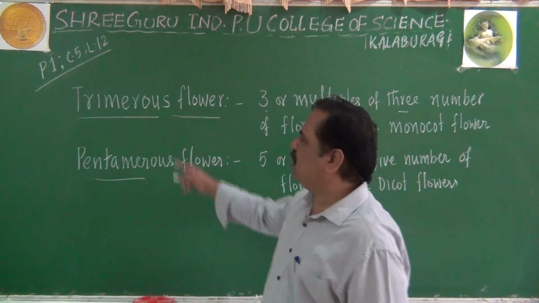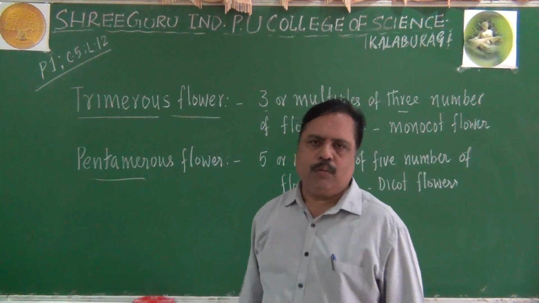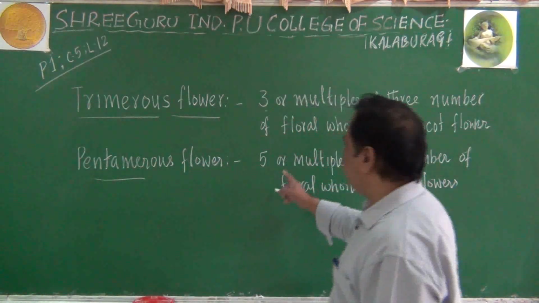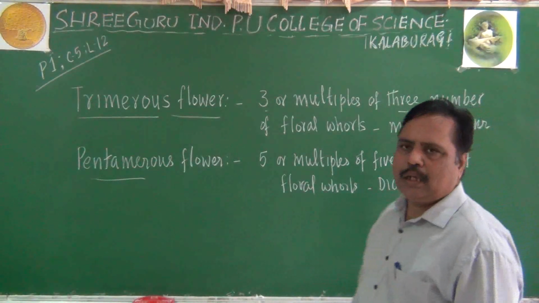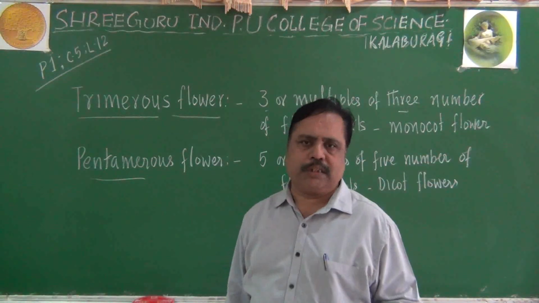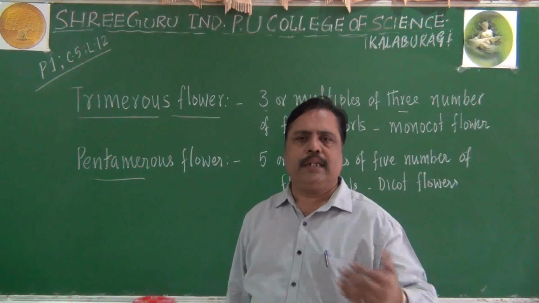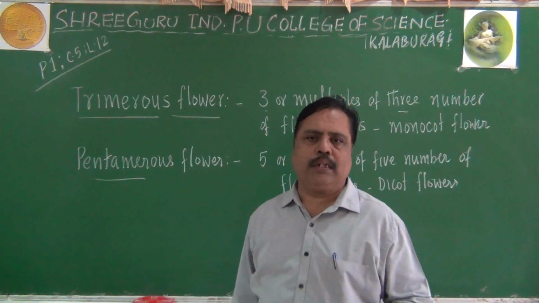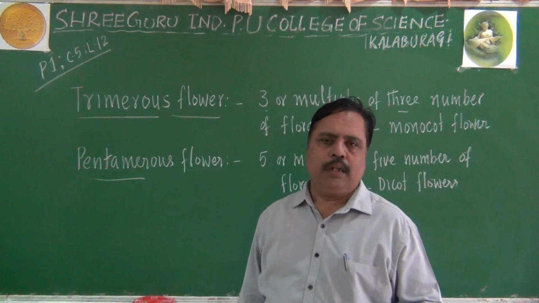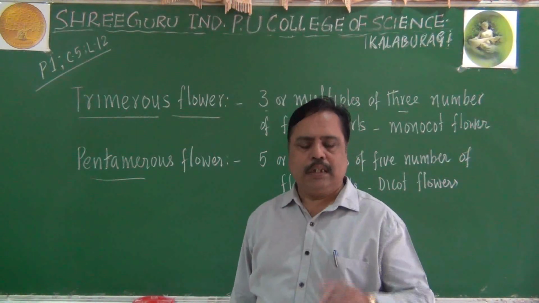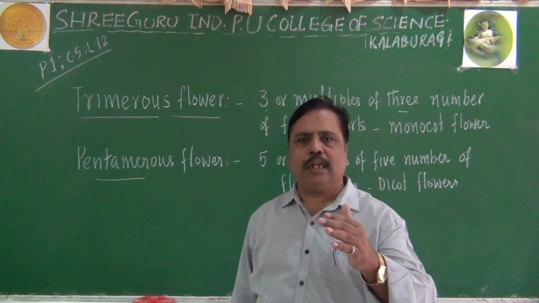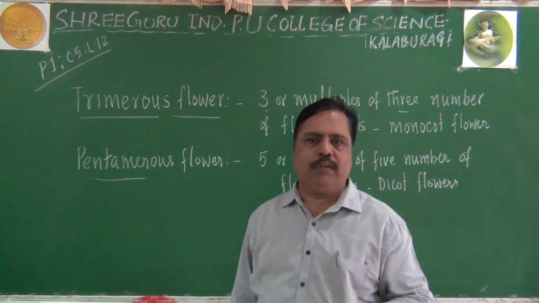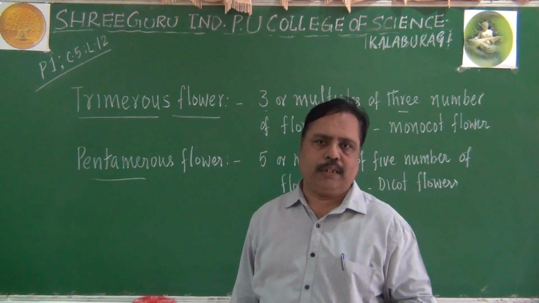Of course, hexamerous will come under trimerous condition only. Multiple of 3 it will become. Pentamerous is 5 or multiple of 5 number of sepals, 5 petals, like that it will come. If at all they have perianth, you may be remembering that word, perianth. I told you in the previous class, where sepals and petals are not differentiated, if they become only one accessory whorl, then it will be called perianth.